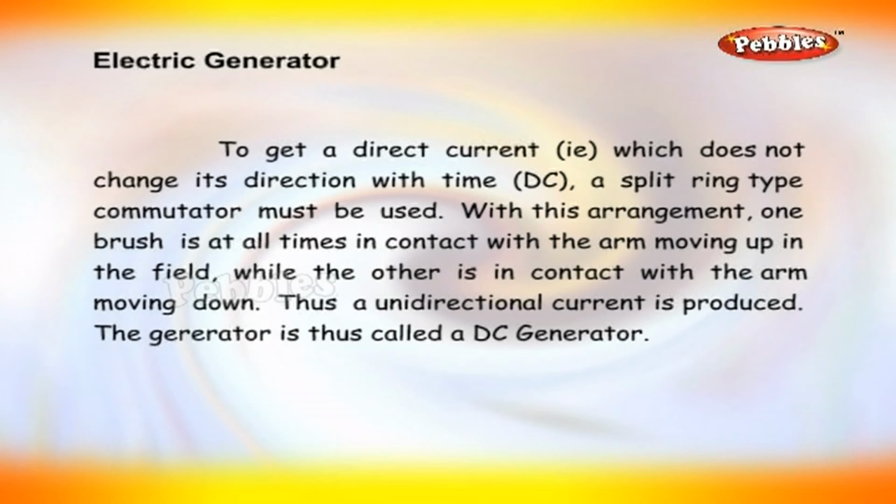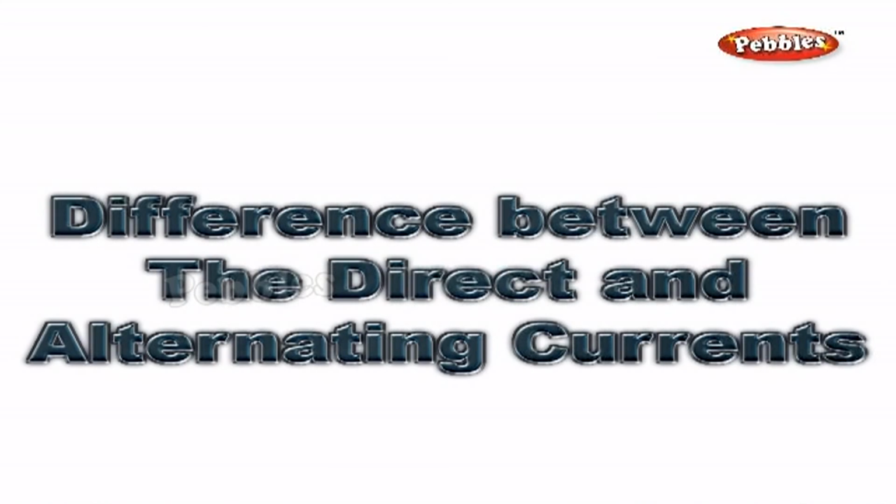With this arrangement, one brush is at all times in contact with the arm moving up in the field, while the other is in contact with the arm moving down. Thus, a unidirectional current is produced. The generator is thus called a DC generator.